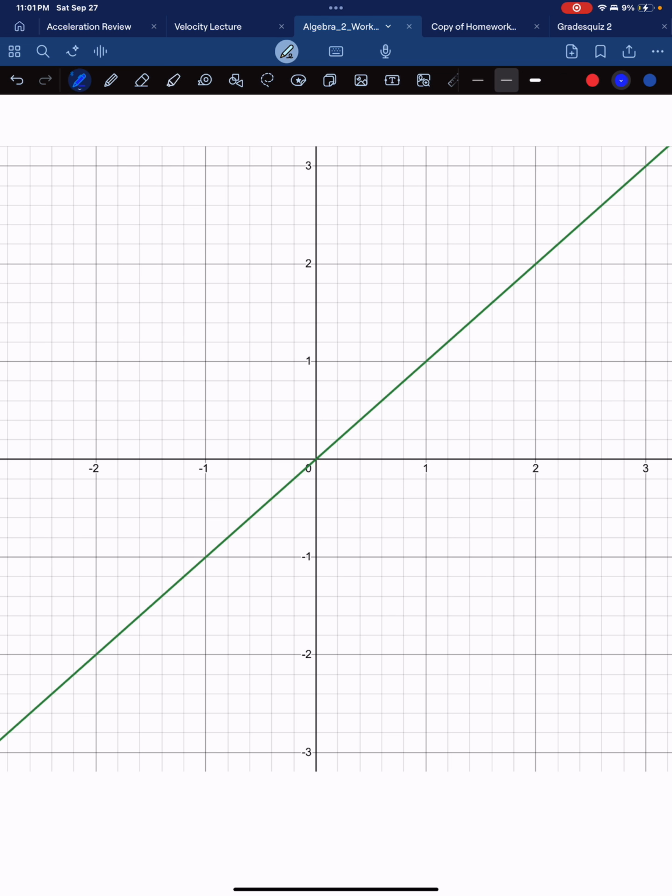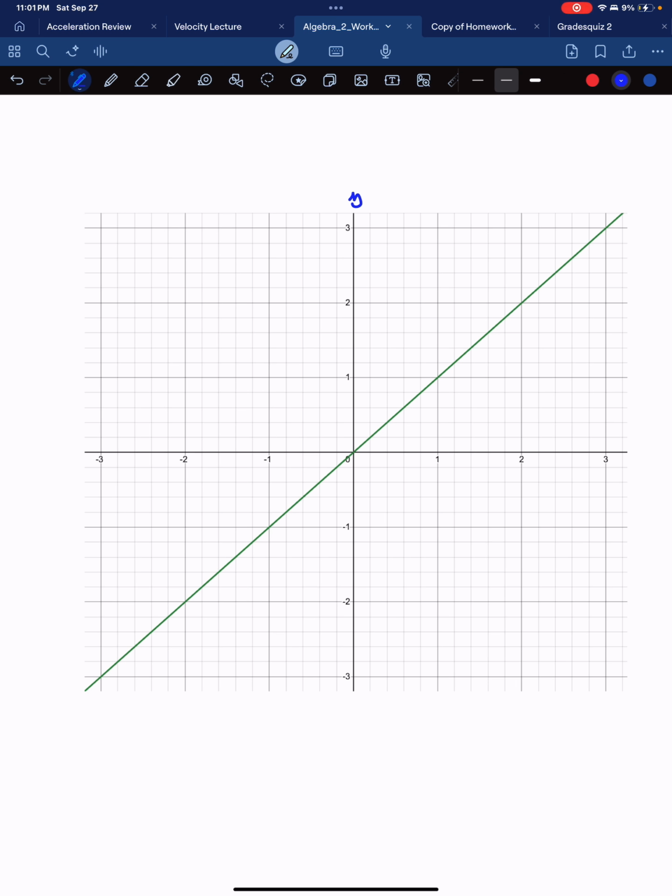When we're talking about the slope, we want to know how much the line is changing in the y direction in comparison to the x direction. The slope is basically a ratio of the change of the line in the y direction to the x direction.